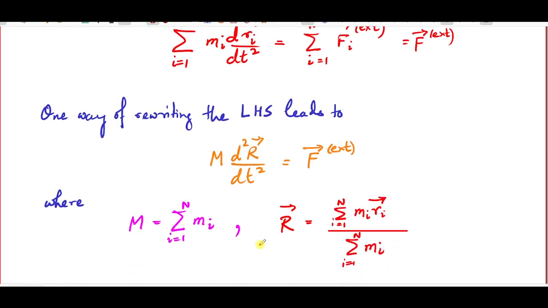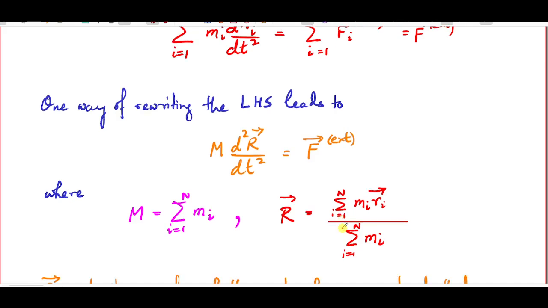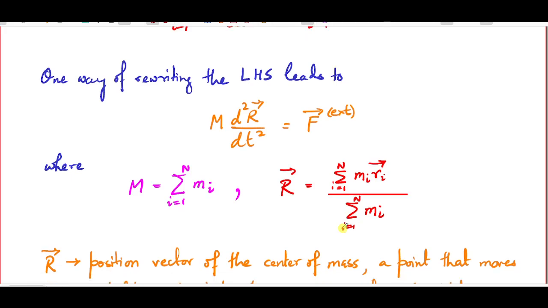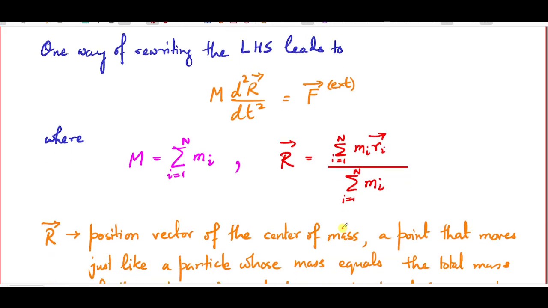Here, as we have said, capital M is the sum of all the masses of the particles making up the system, and R vector is a weighted average of the position vector of the individual particles. Here the weighting is done essentially by the mass of the ith particle. So you get sigma mi ri in the numerator and sum of mi, of course the total mass, in the denominator. Now this special point is, as we have already mentioned, called the center of mass.